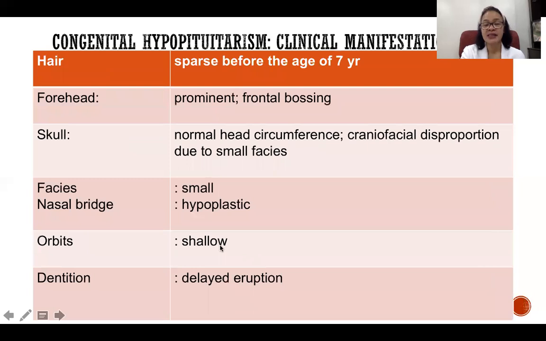So with regards to hair, it's sparse before the age of 7 years old. And there is frontal bossing. The forehead may be prominent. The skull at birth may have a normal head circumference. But later, there can be craniofacial disproportion. That's because of the small facies of that particular individual.